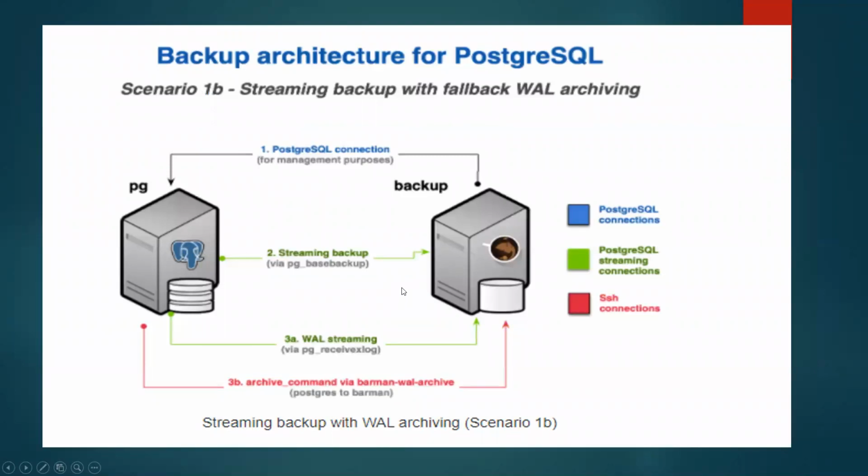So here we see another architecture where we're using the same streaming backups and pg_receivexlog, and we're also making use of barman-cli, where we're actually using barman-wal-archive. This is set on the archive_command.